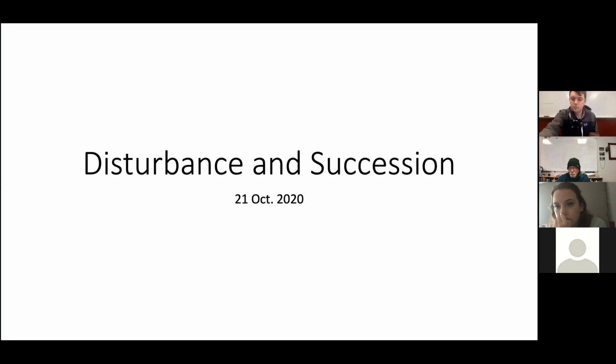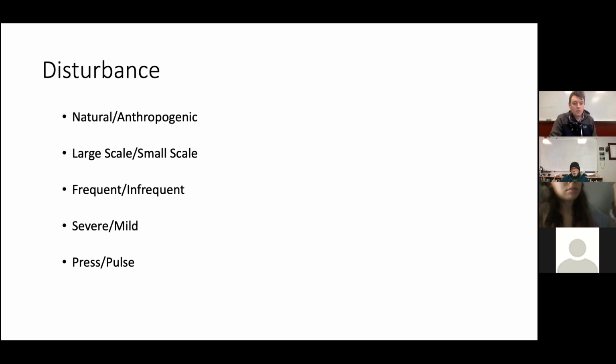So last time we talked a little bit about disturbance and some of the different ways that disturbances vary in a kind of conceptual disturbance space with these various axes or spectra.